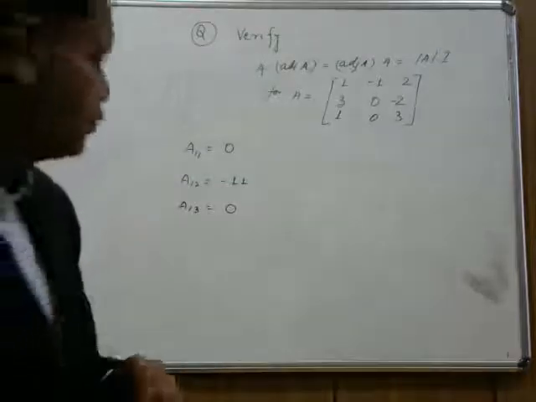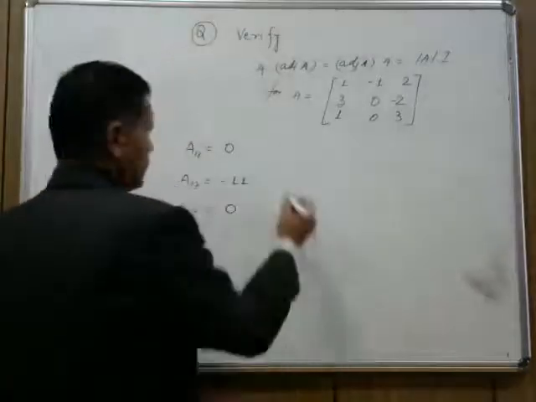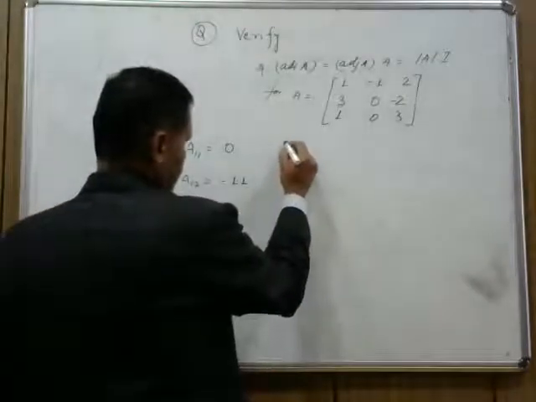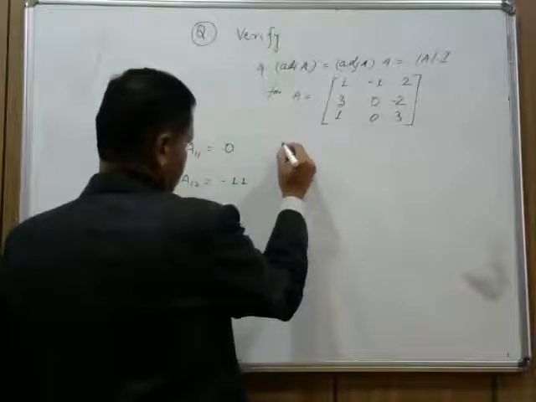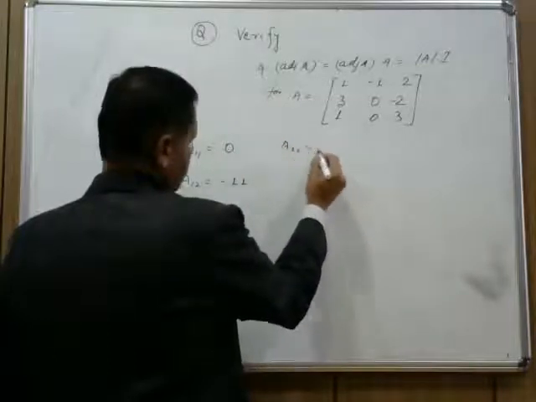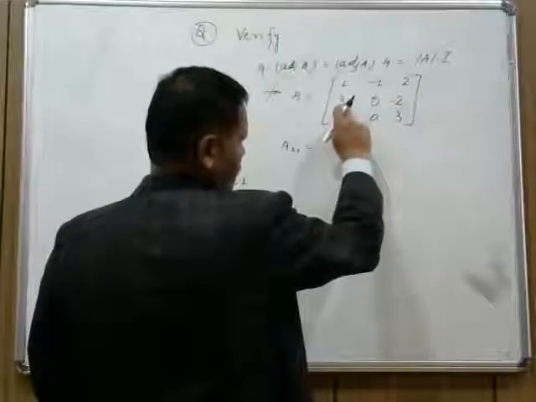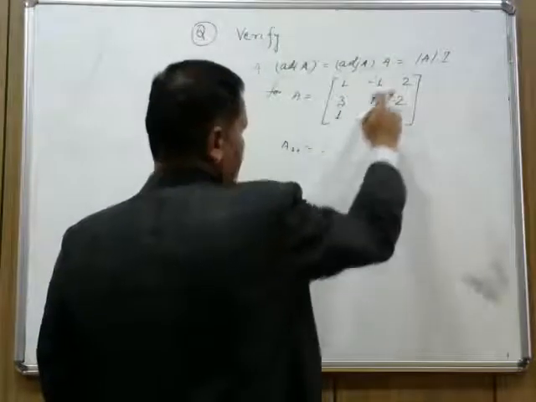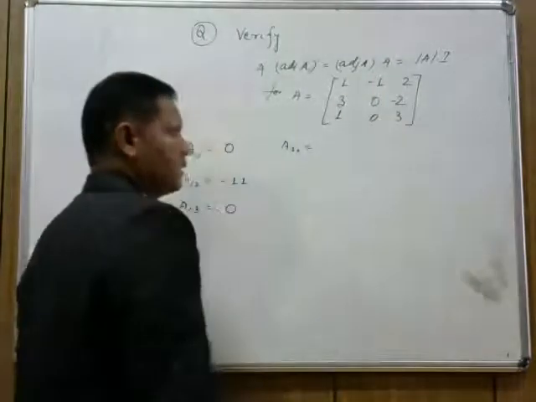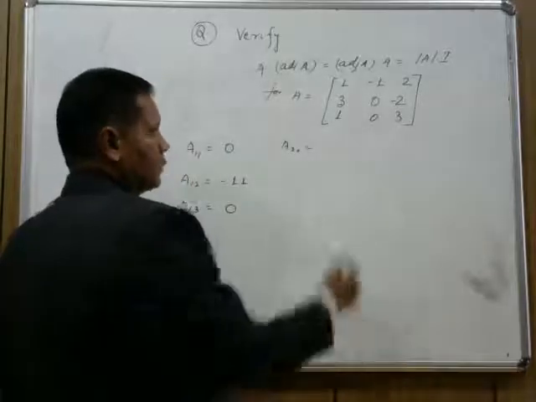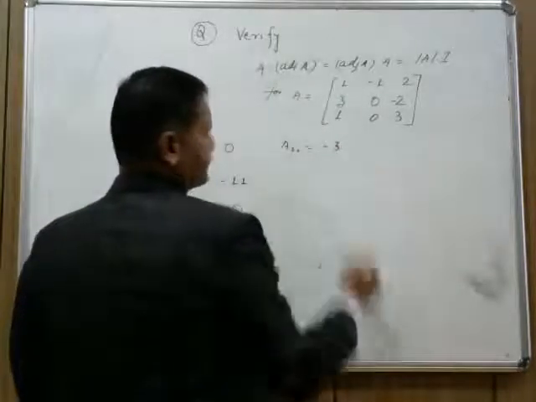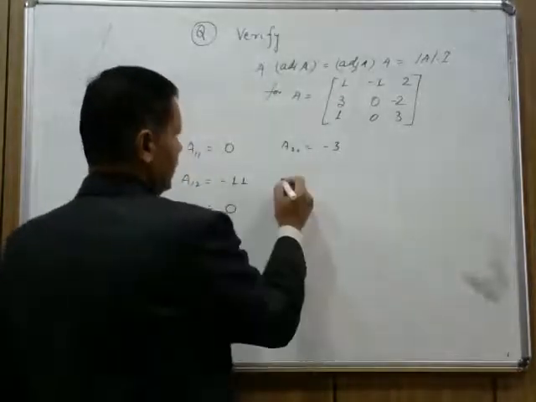Now A22. For this, this row and this column are gone. Now minus 1 into 3, minus 3 into 0, so it will remain minus 3 only.